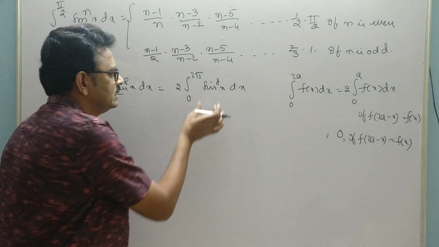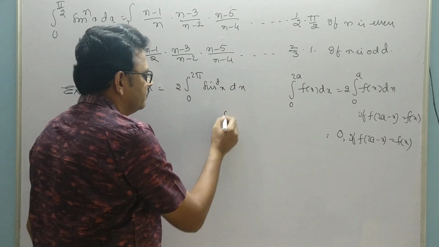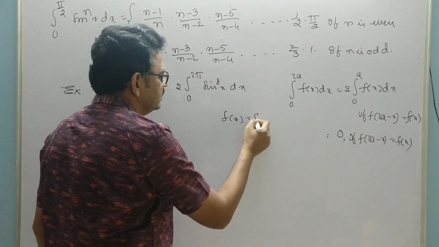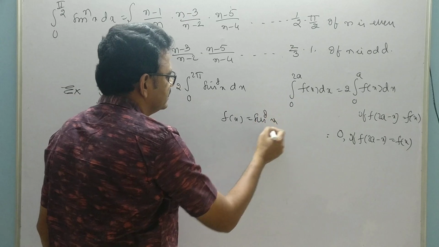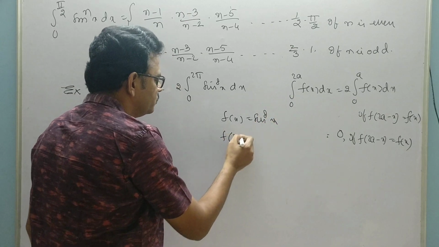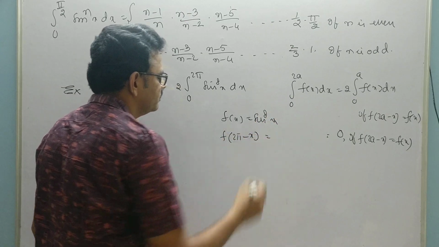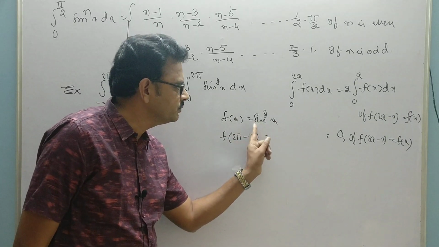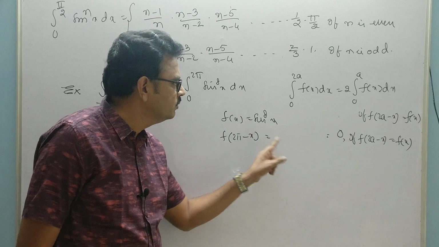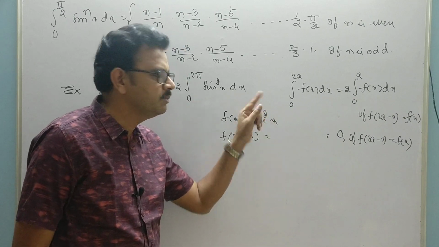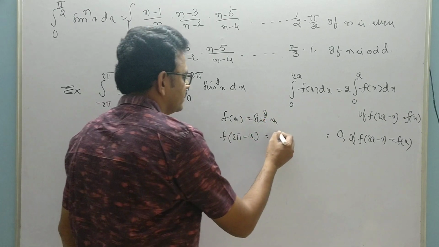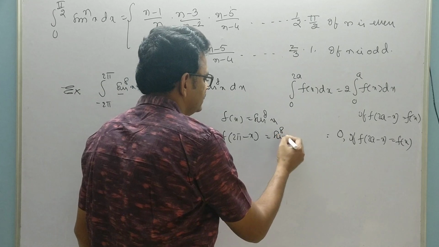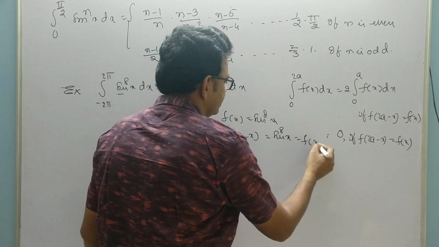Now f of x is sin power 8x. f of 2 pi minus x is sin of (2 pi minus x) whole power 8, that is minus sin x whole power 8, which is even, so it becomes again sin power 8x, which is f of x.